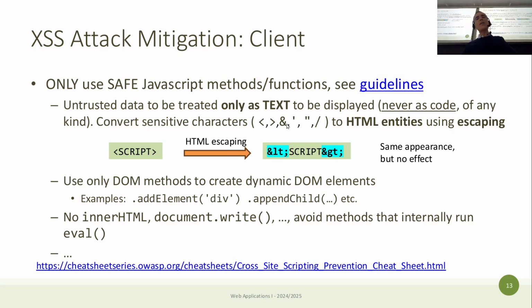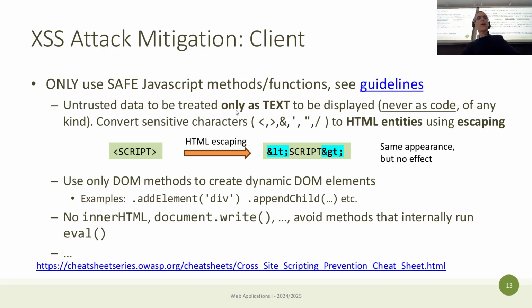And there are other dangerous characters to pay attention to, like the ampersand, the single and double quotes, the slash, and stuff like this. This is called escaping: transforming dangerous characters into something that displays the same, but actually is a different sequence of bytes, so it is not interpreted by the browser as something that has an effect.